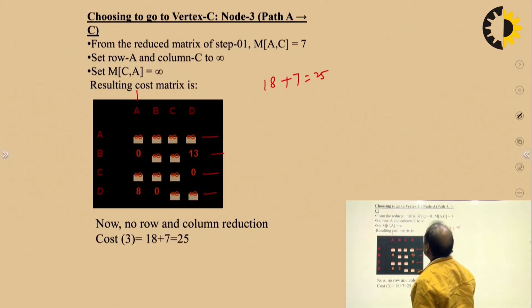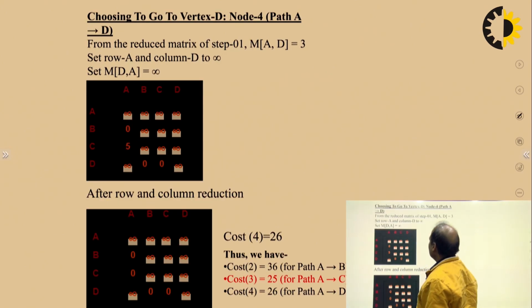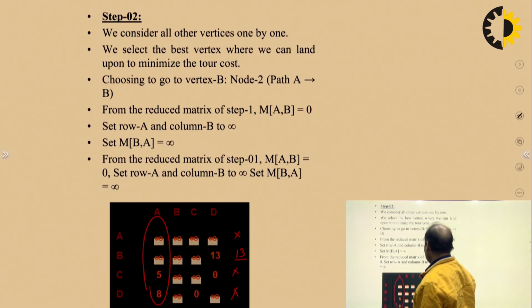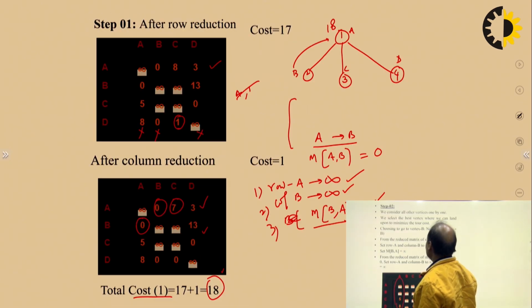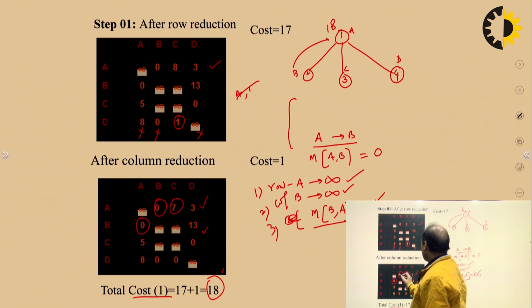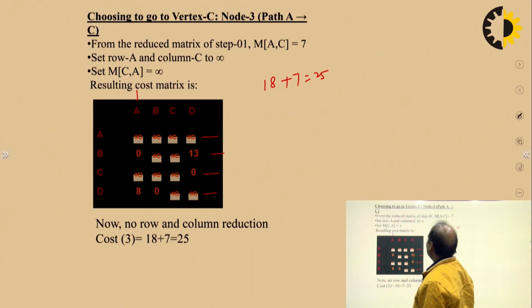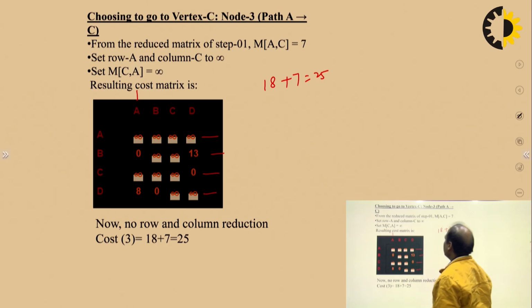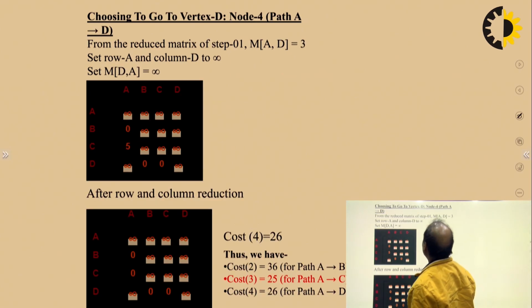Similarly, if you start with A to D in the same matrix, row A infinity, column D infinity, and then D to A infinity. So if you look at here, this is the row A and column D, and D to A infinity.